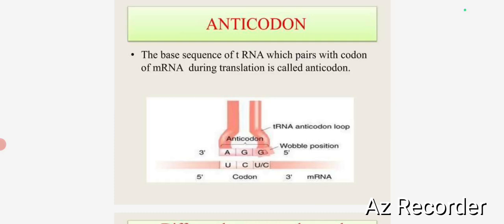For example, A pairs with U, G pairs with C. Here the first anticodon is A with codon U, the second is G as anticodon with C as codon, and the third is G as anticodon with C as codon. This is normal, but at the wobble position, instead of C it may be translated to some other nucleotides.